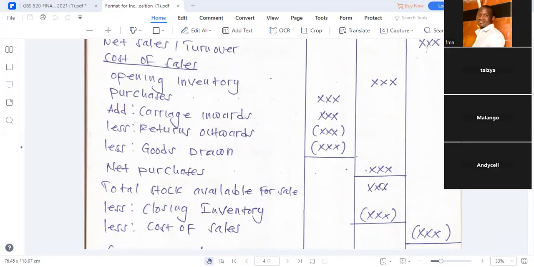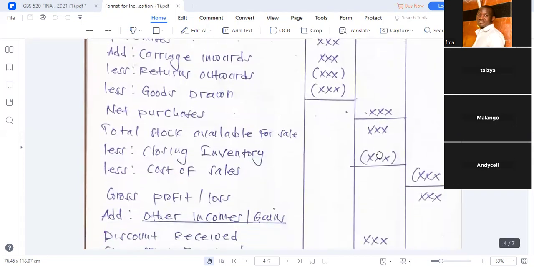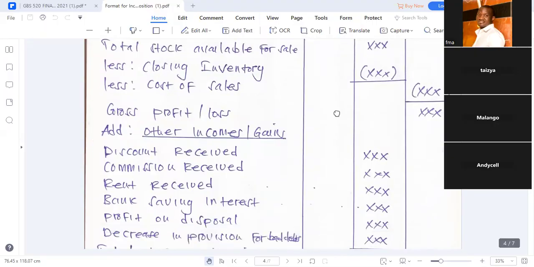But just follow this. Sometimes you can put everything in here in the workings, as long as you follow the flow. Any questions so far?